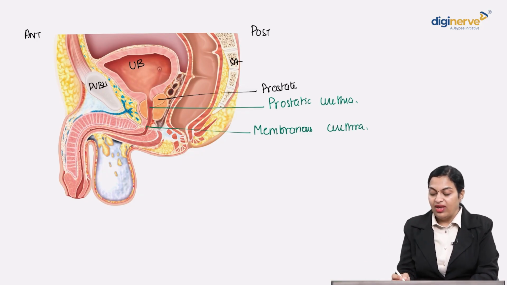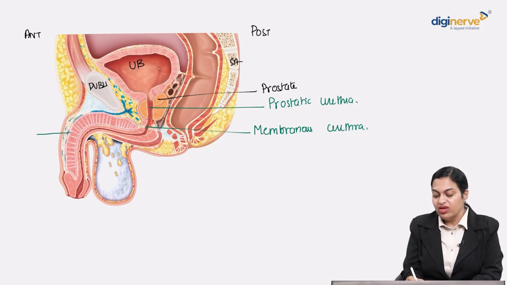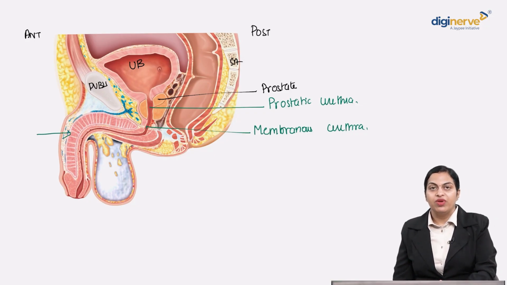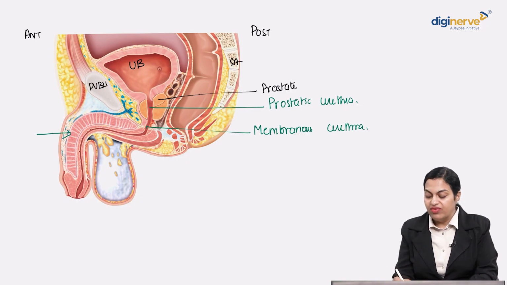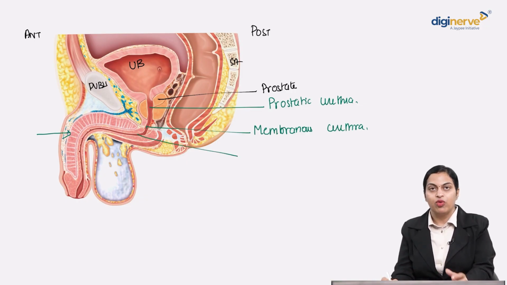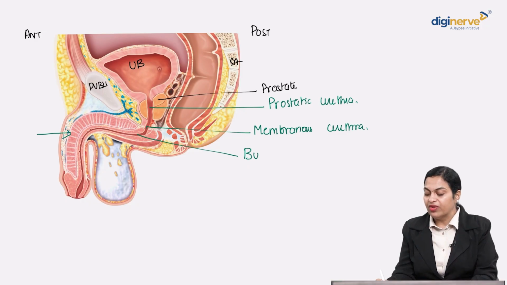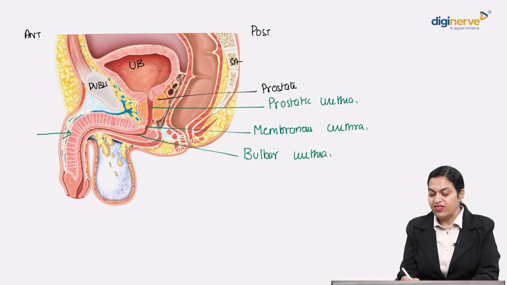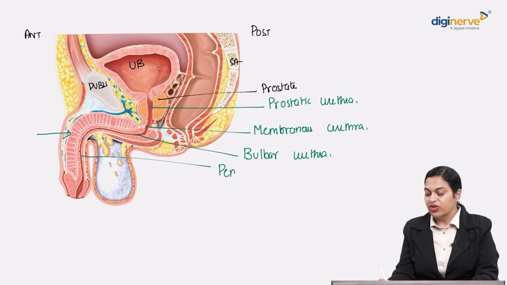Traversing through the bulb of the penis and the corpus spongiosum, we have the spongy urethra, which can be further divided into a proximal part, the bulbar urethra, traversing the bulb of the penis, and, through the corpus spongiosum, the penile urethra.